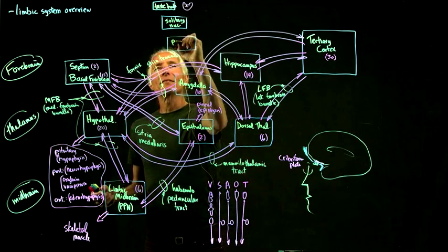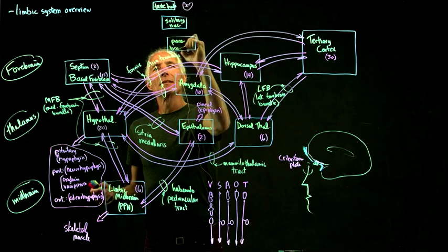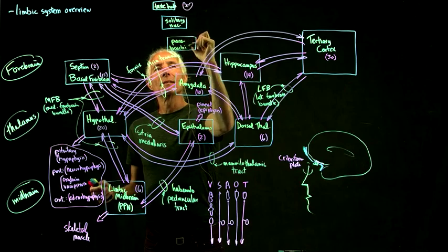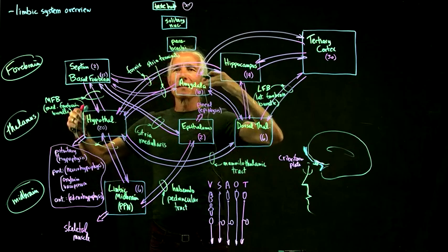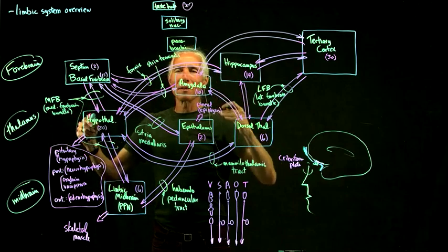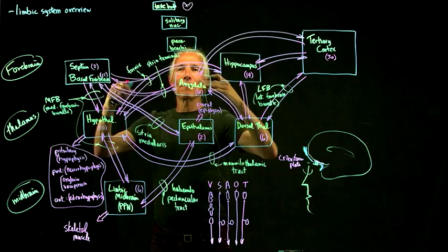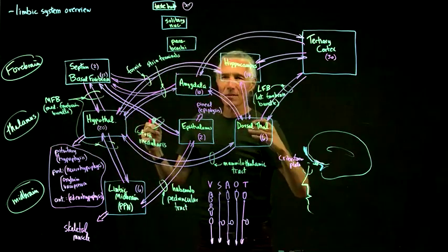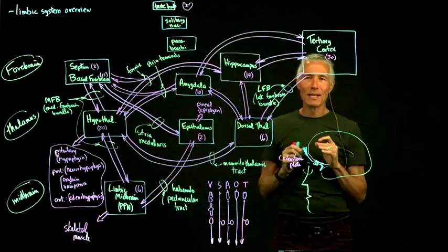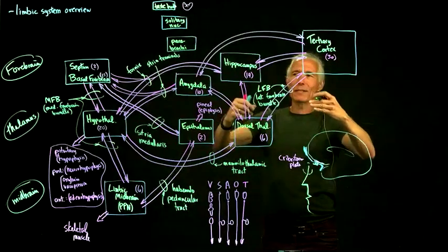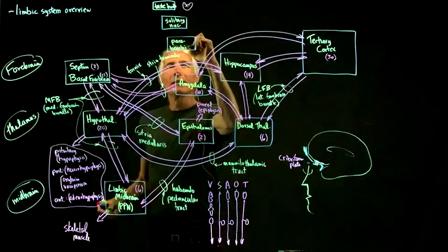Okay, so then it goes to the parabrachial nucleus. The brachium, brac means arm, and so it's the arms of the fibers that connect up the cerebellum. The cerebellum is huge, and so there are these giant arms that come out of the pontine nuclei and go into the cerebellum.